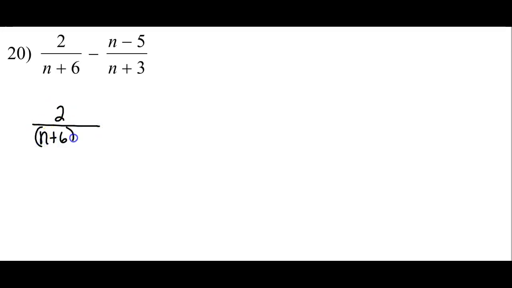But like I said, these things can't be factored. N plus 6 and n plus 3. Neither one of those factor. So in order for the left side to look like the right side, it needs an n plus 3. And in order for the right side to look like the left side, it needs an n plus 6.